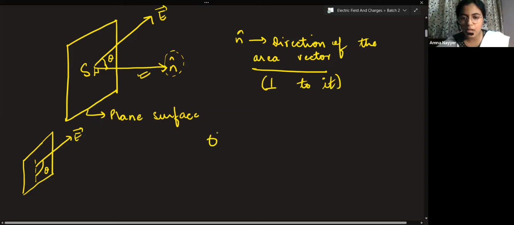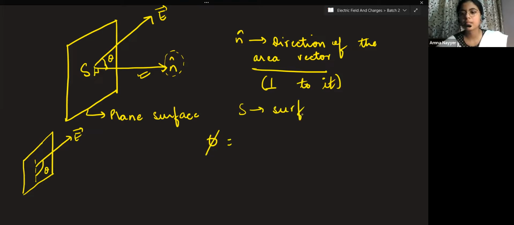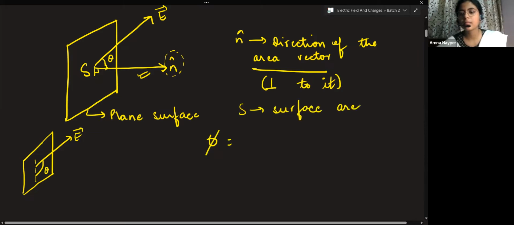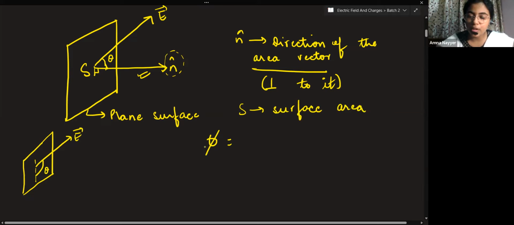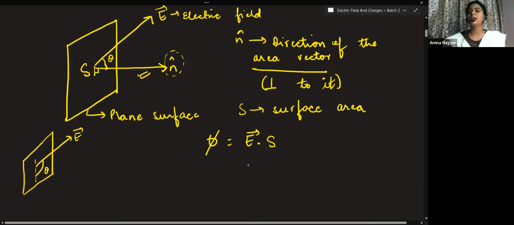Then the formula of electric flux you have. S is what? S is the surface area. So the formula of electric flux is the dot product of the electric field and the surface area that you have.